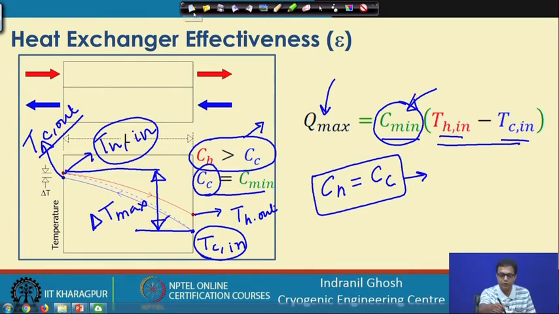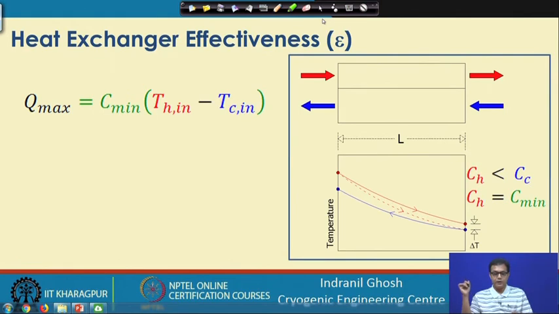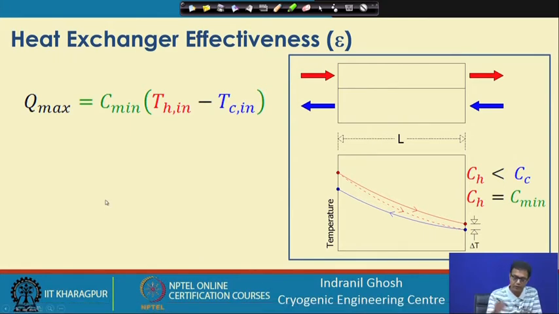So, that is why we have multiplied it with C min. Now, here is the other situation where we have considered C H less than C C, so the hot fluid is the minimum capacity fluid.